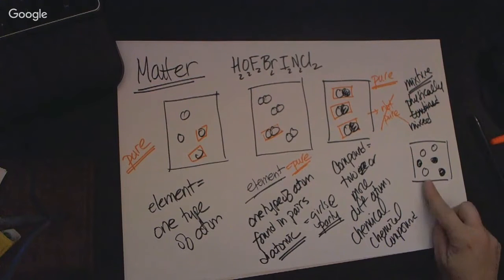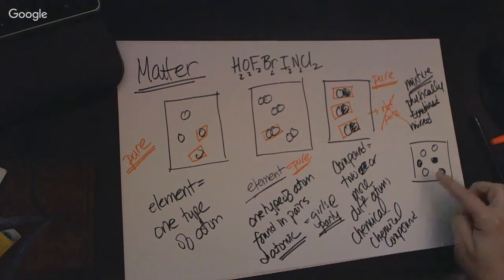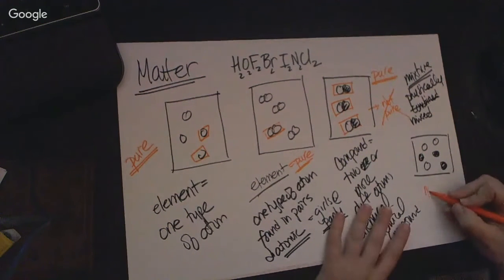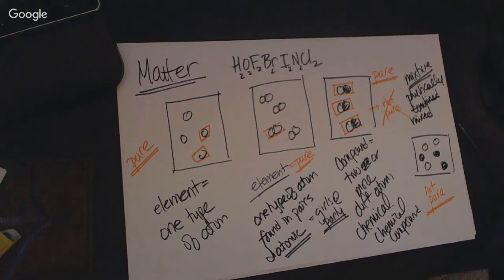Now, if I reach into this container, I have a 50-50 shot of pulling out black, or a 50-50 shot of pulling out white. And the idea here is that you have two completely different particles that have been physically mixed, so this is not pure. This would be a physical mixture.